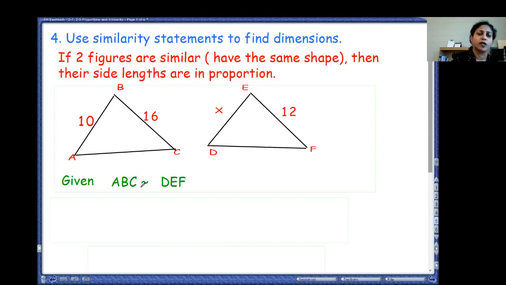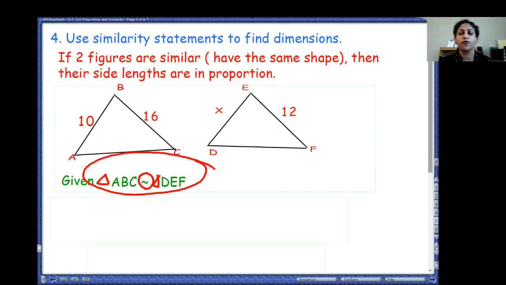This is your similarity symbol, and it tells you that triangle ABC is similar to triangle DEF. The vertices are always matching, so A matches with D, B matches with E, and C matches with F. But never look at the picture, you need to look at your given statement to find matching vertices.